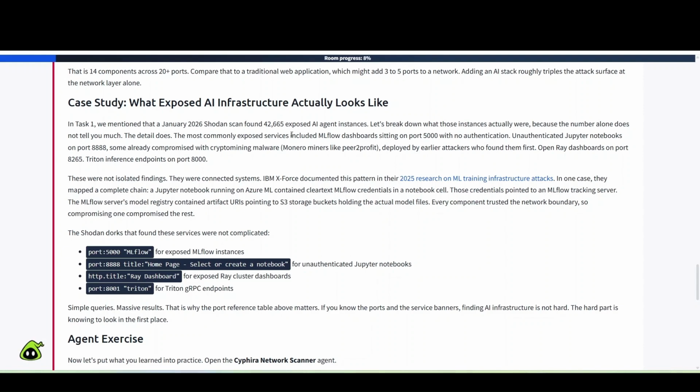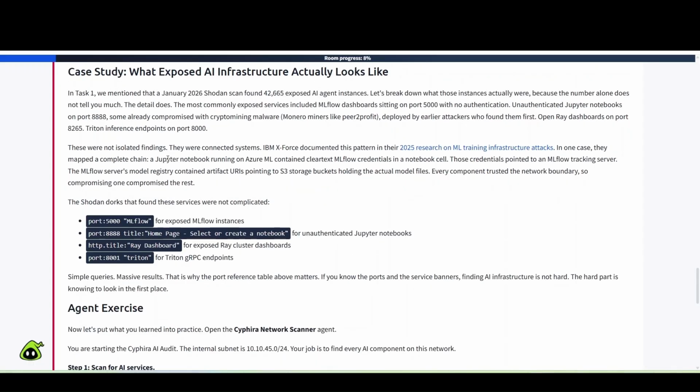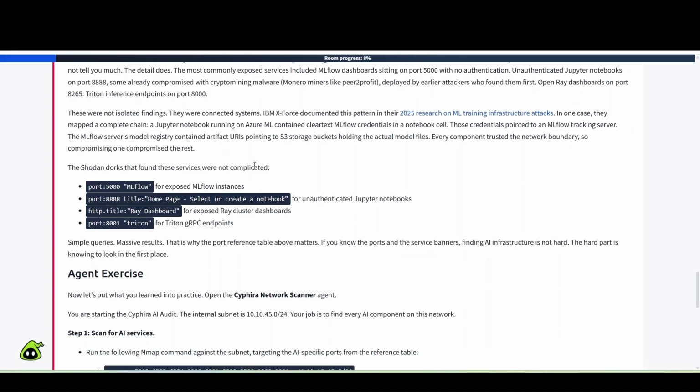The most commonly exposed services include MLflow dashboards sitting on port 5000 with no authentication, unauthenticated Jupyter Notebooks on port 8888, some already compromised with crypto mining malware, Monero miners like Peer-to-Profit, deployed by early attackers who found them first, Ray dashboards on port 8265, Triton inference endpoints on port 8000. It's just mind-boggling that people will still leave these things open on the wide open internet, like no one's going to find it and take advantage of it. It's crazy. These were not isolated findings.